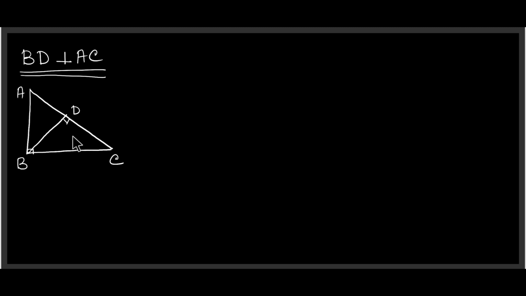Given that AC is 3x plus 1, BC is 2x plus 1, BD is 2x minus 1, and the area of the triangle ABC is 25 centimeter square.